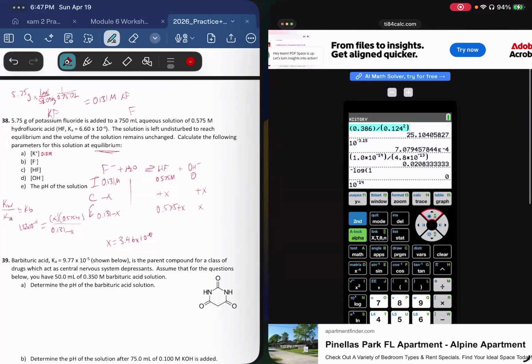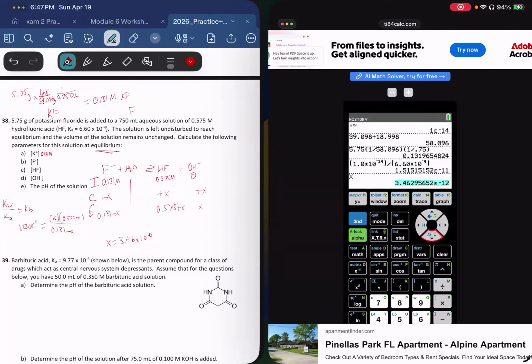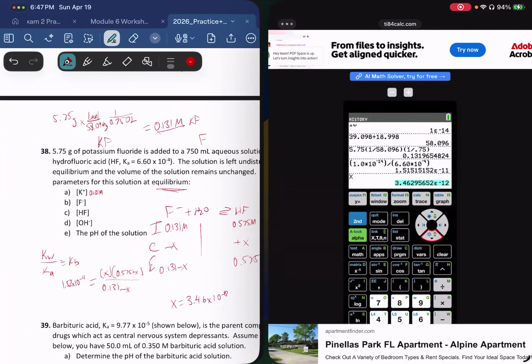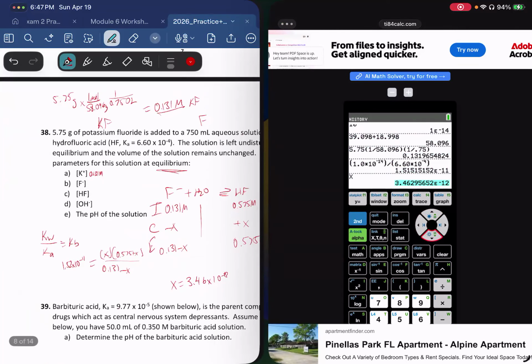Sorry, one second. I was looking at the answer key and it seems like I did some things wrong. Oh, I see. He didn't do this exactly, so that's fine. But what's next?